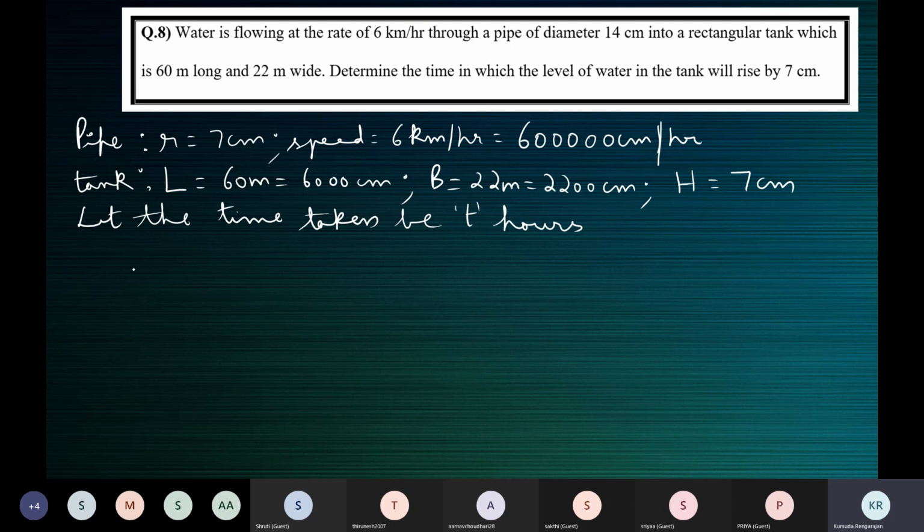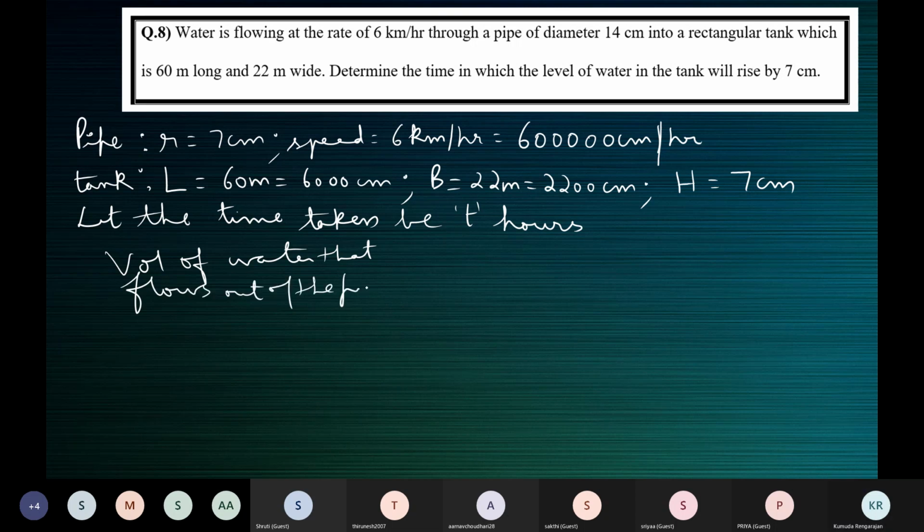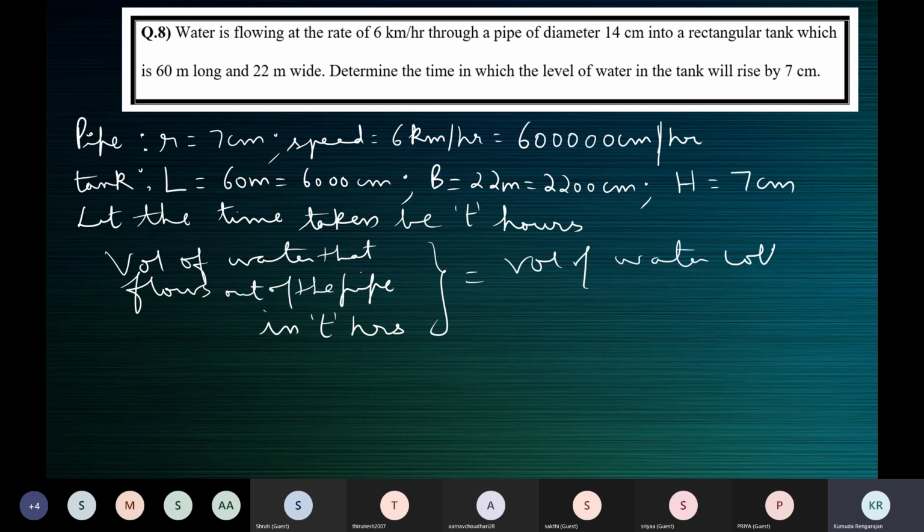So the volume of water that flows out of the pipe in T hours is equal to the volume of water collected in the tank.